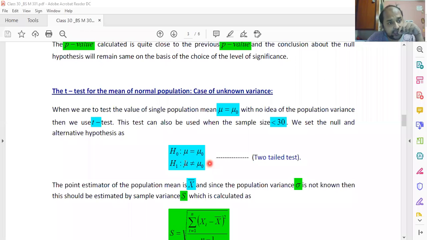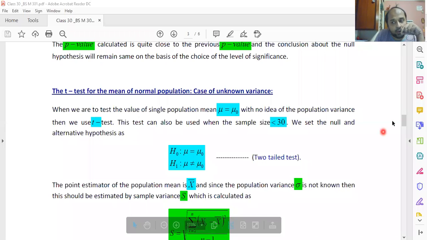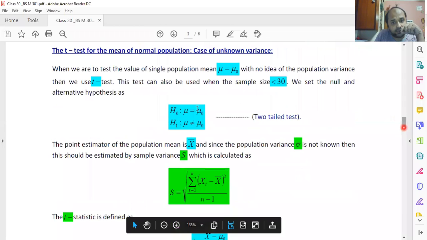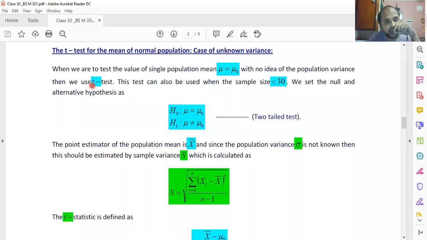Since I am writing mu not equal to mu naught, there are two possibilities. One is that mu is greater than mu naught, another is that mu is less than mu naught. So two tails are open, and therefore it is called a two-tail test. What is important is that if we do not know the population variance, how can I use the formula?